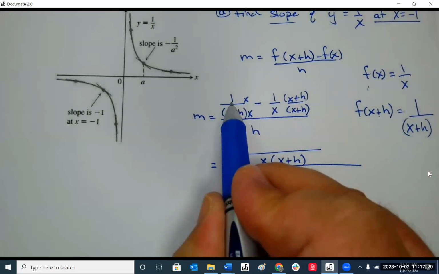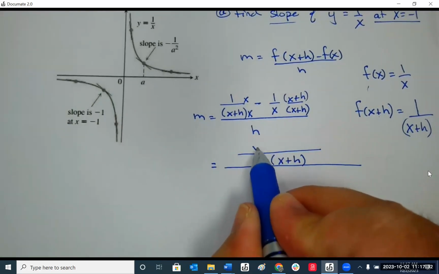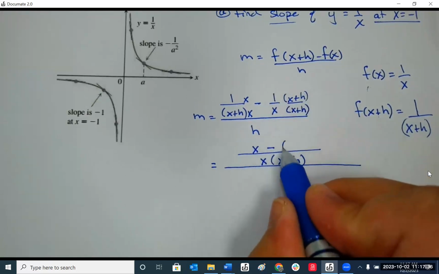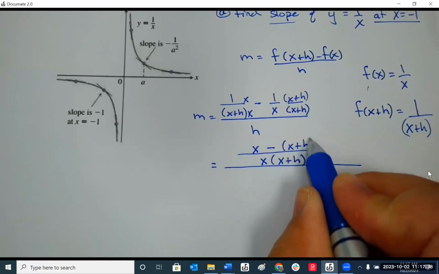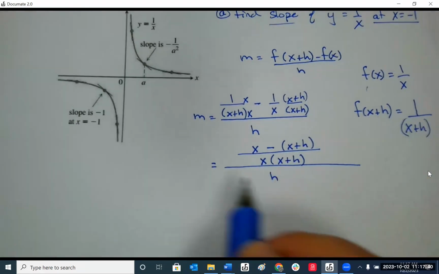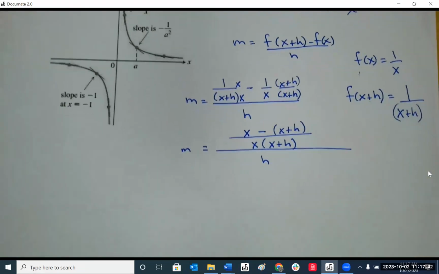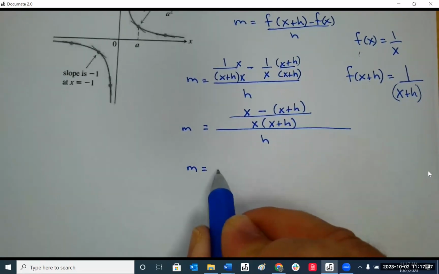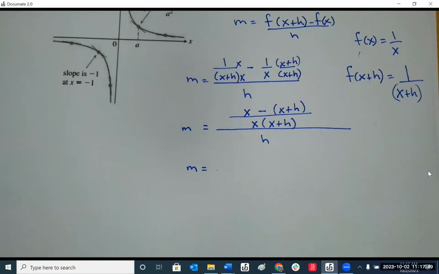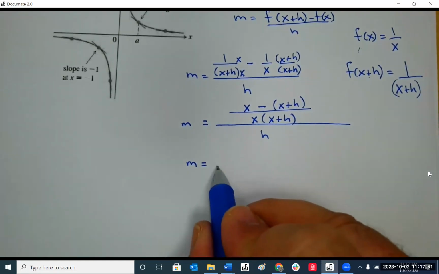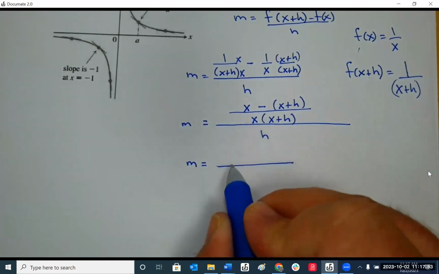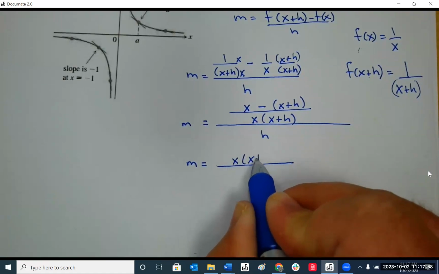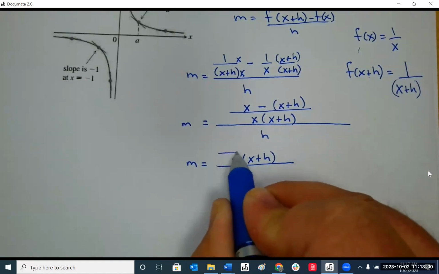On the top, 1 times x minus 1 times x plus h.